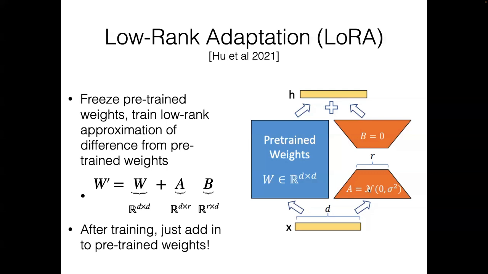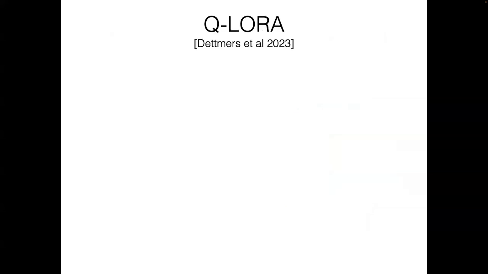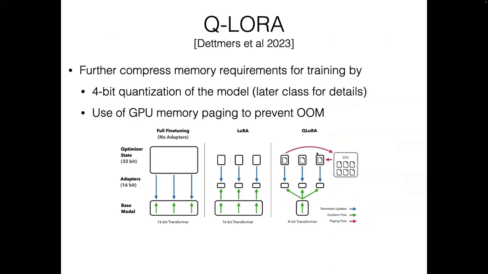Okay, and then let me just mention this quickly, but as I mentioned, the author will be giving a guest lecture about this. There's an even more efficient version called QLoRA. The idea here is you can quantize the model, so instead of representing the model as 16 bits, you can represent it as 4 bits.